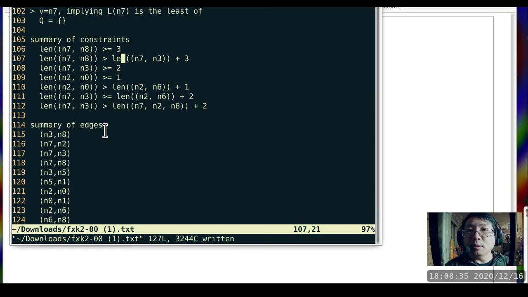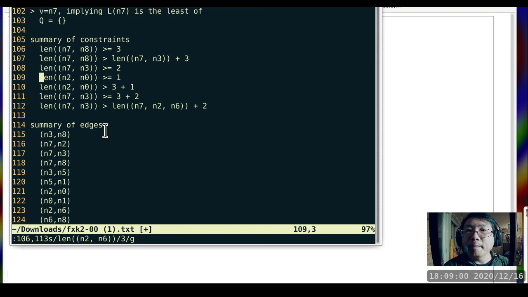All right, so now everywhere we see that, replace the length of n2 to n6 with a constant of 3. There we go.